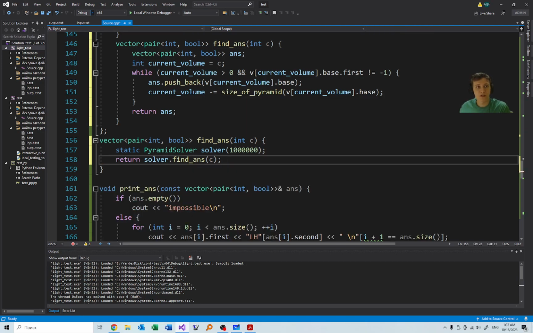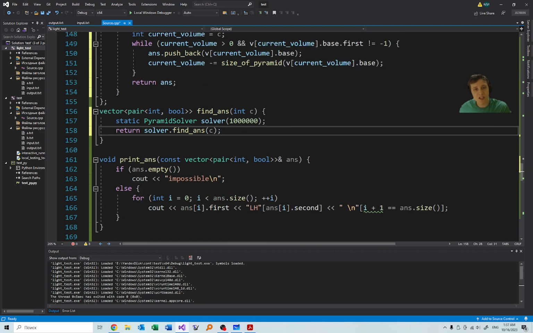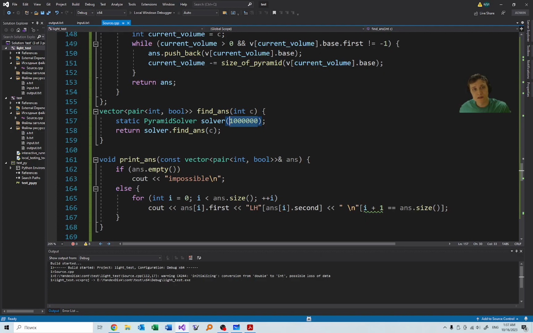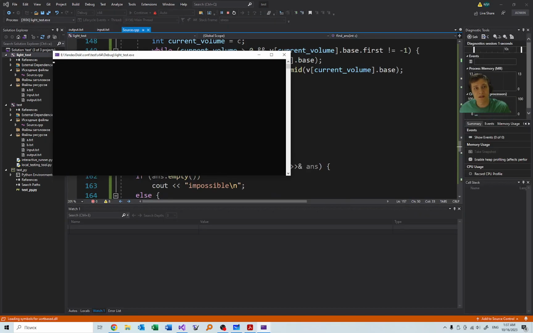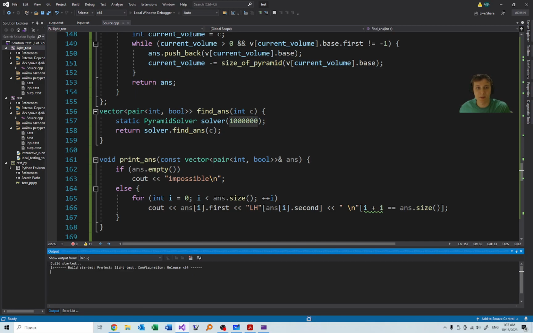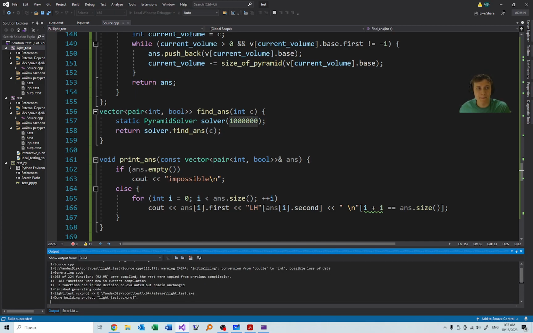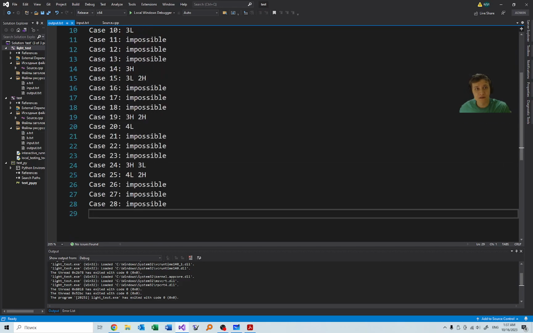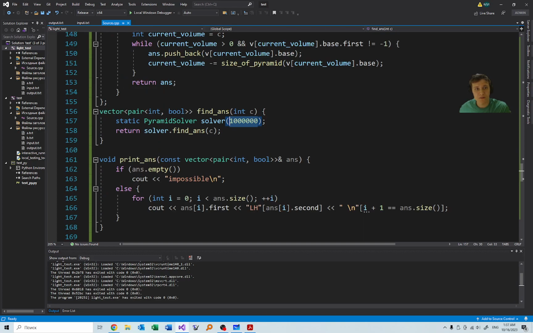So now we only do it once, but in the beginning it will run for a long time. For example, I don't think it will run fast here for 1 million because I have the debug configuration. To fix this, I need to go to the release version and hope that this time it will be fast. Yes, this is now fast. Okay, we can try to submit it again.